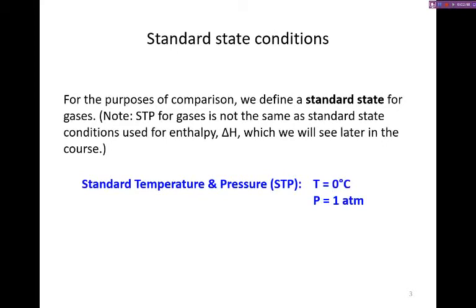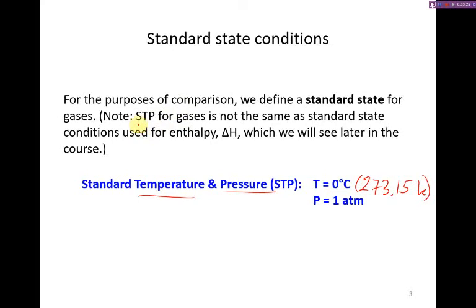We also need to discuss what's called standard state conditions. And we define standard state as the temperature and pressure for gas particles. This is where the temperature is 0 degrees Celsius. You should also recognize that this is 273.15 degrees Kelvin and 1 atmosphere. We're going to talk about standard state conditions later when we're discussing enthalpy, and we'll see that the temperature is different.